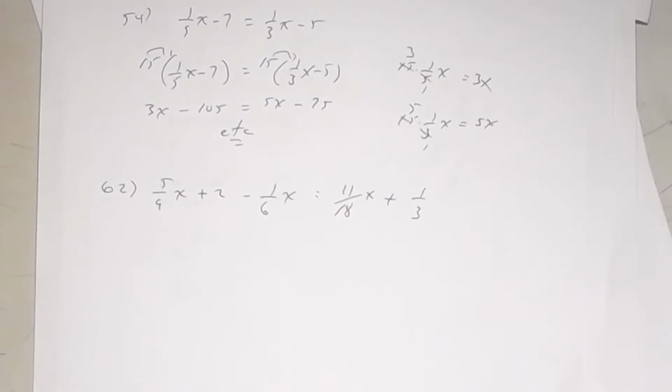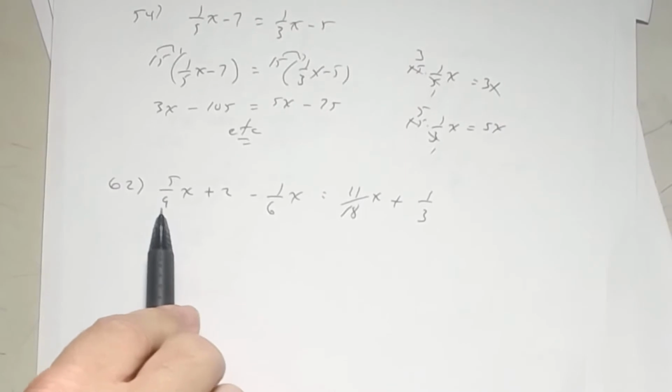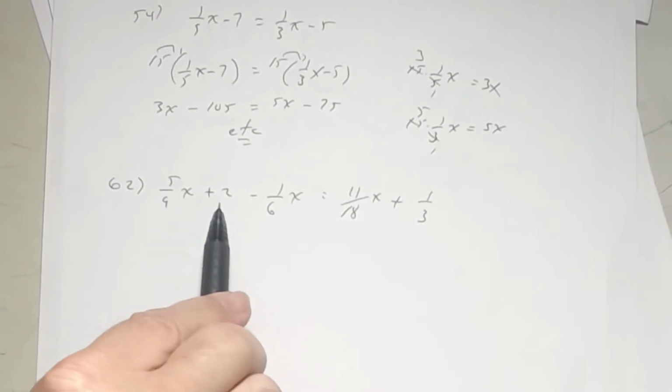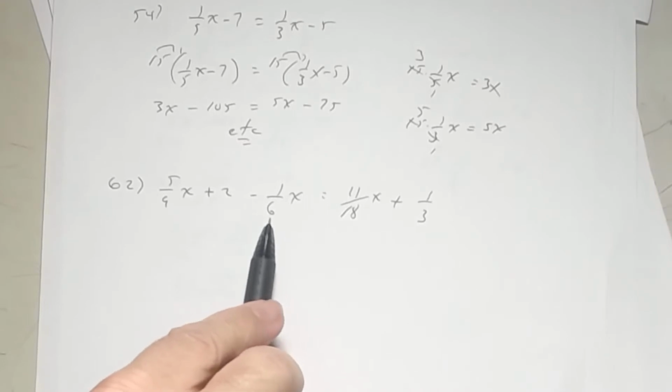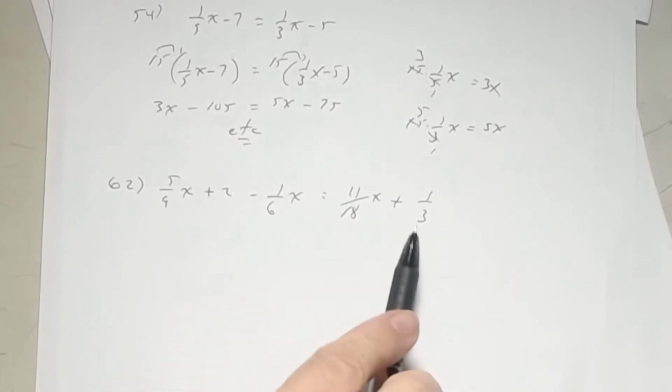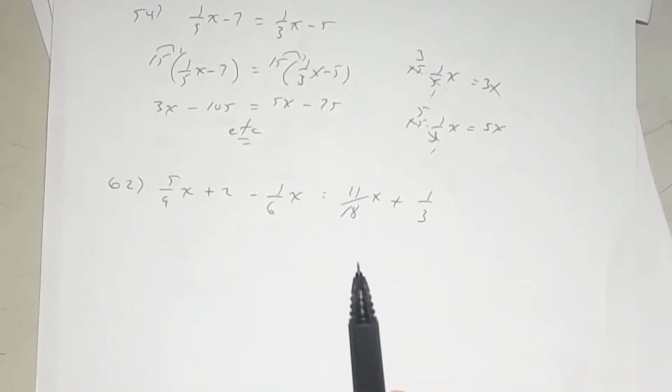How many terms on the left? 3. How many terms on the right? 2. So on the left, this denominator right here is what? This denominator is 1, because that's 2 divided by 1. And this is 6, and this is 3. So it's the smallest number that those numbers go into? 18.